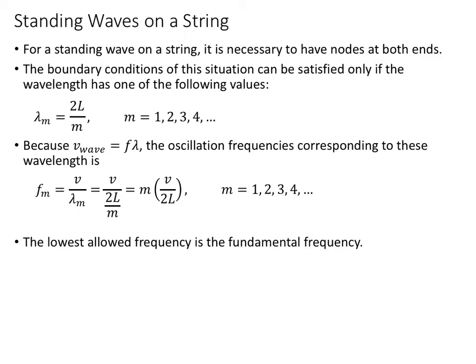So for a wave on a string, let's say I have a string that is tied down at both ends, and I'm going to oscillate this end up and down at whatever frequency I'm dealing with. So I know the wave speed is equal to the square root of the tension in the rope over the mass per unit length.